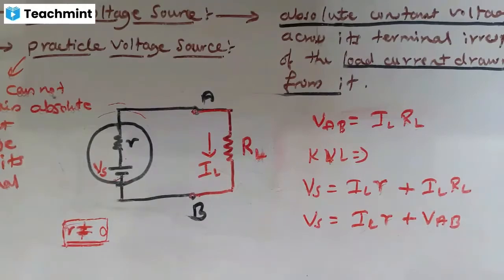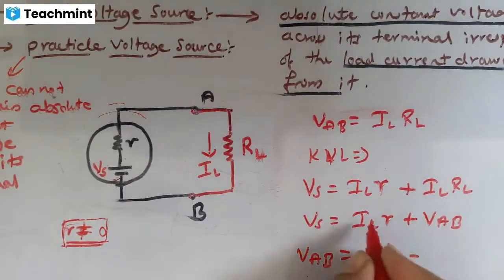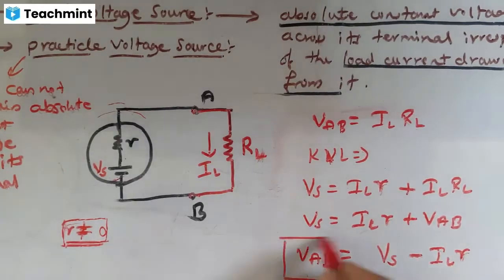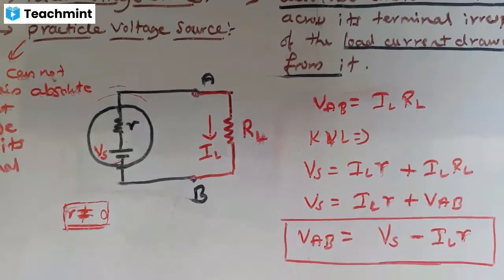Here we are taking the output, the voltage across VAB. So I will write VAB equals Vs minus IL into R. Moving that to the other side, you get IL into R. So VAB equals Vs minus IL into R. This is what VAB is.